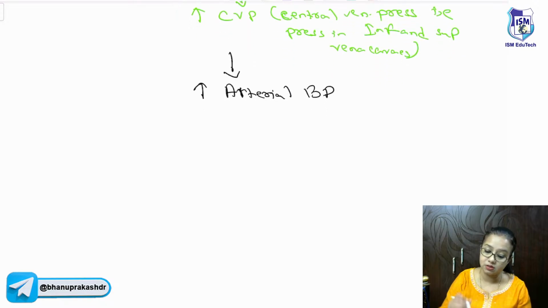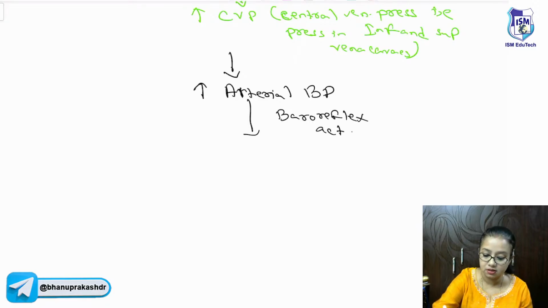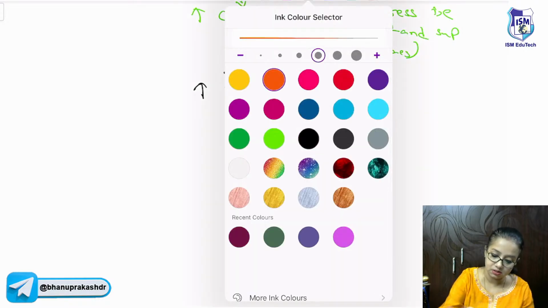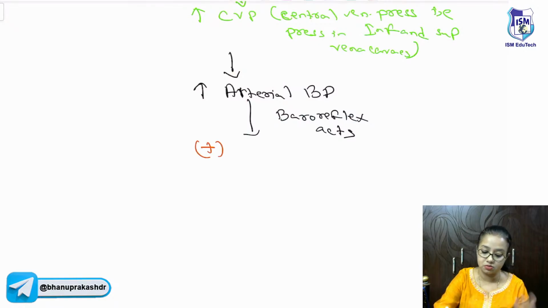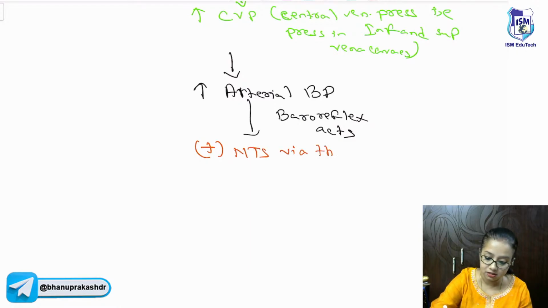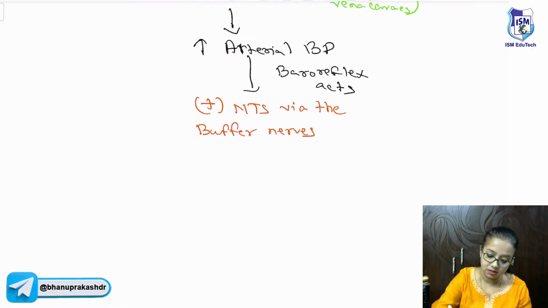So when there is an increase in the arterial blood pressure, it should not be allowed to go, right? So immediately the baroreflex acts. How does it act? It will stimulate the nucleus of tractus solitarius via the buffer nerves, that is our ninth nerve and 10th nerve. Now this one, what will it do?